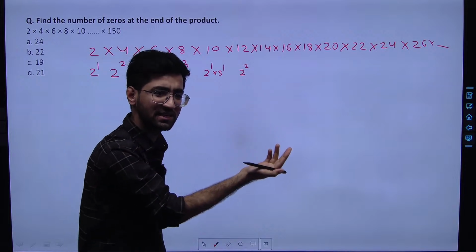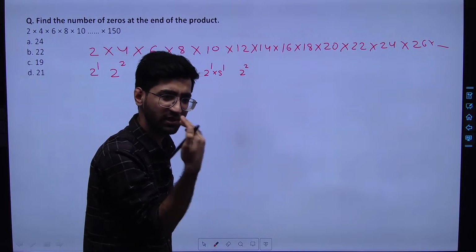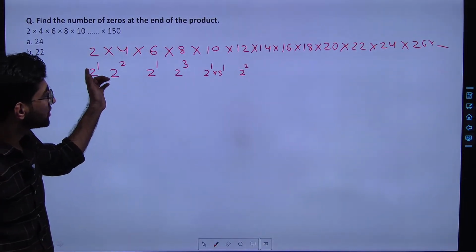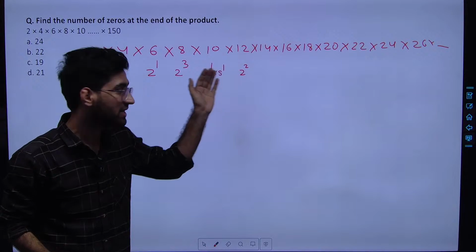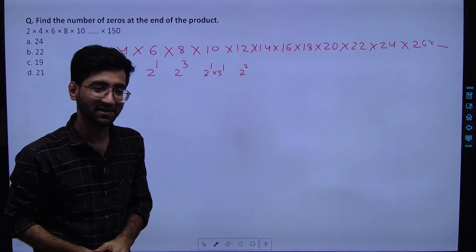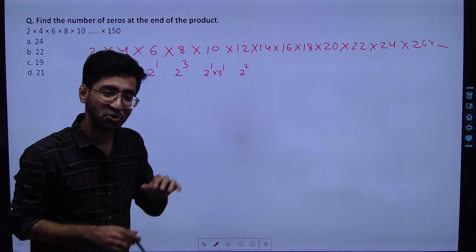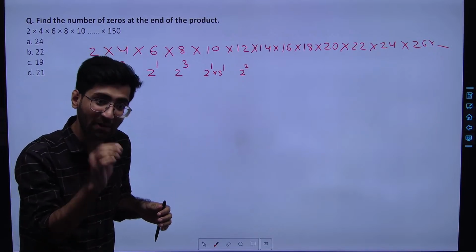But why will we think about 3? We don't have to care about 3. So, are you able to notice one thing? That there is 2 present in every number. So, obviously, the power of 2 will be higher. So, we only have to look at the power of 5.